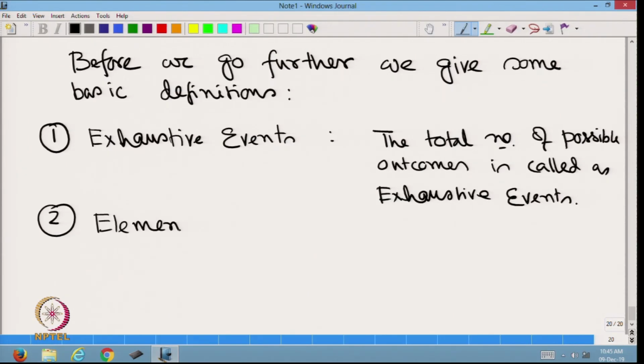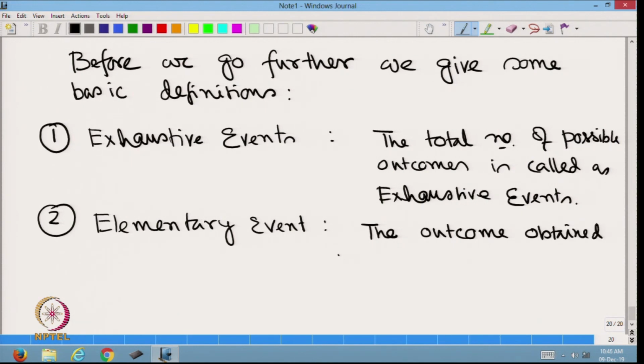Elementary event. The outcome obtained after each trial is an elementary event.